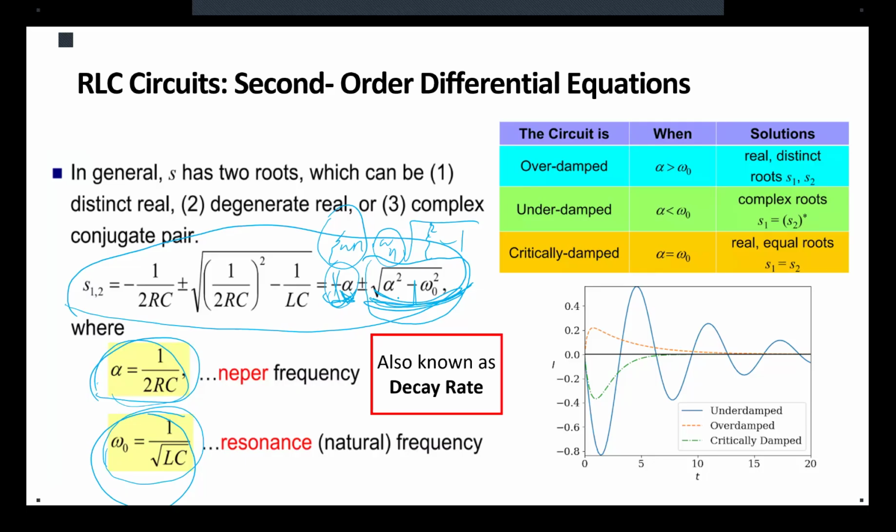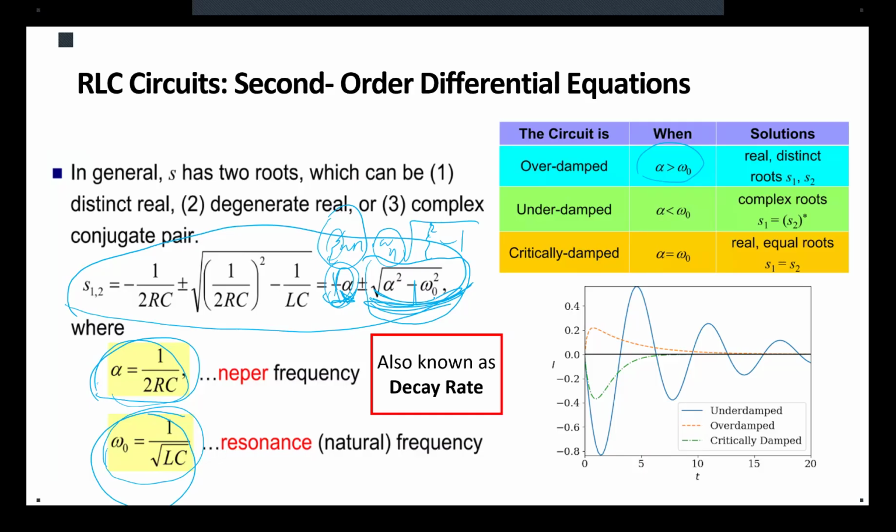Now, it depends on the value of psi, which means the value of alpha. If your alpha is bigger than omega 0 or omega n, the value under the square root is going to be positive. All right?